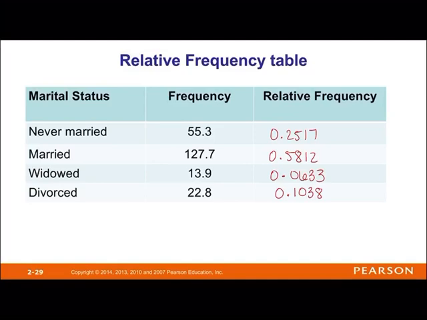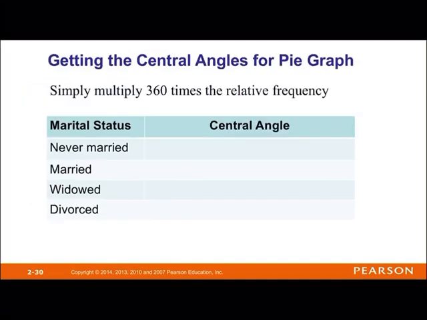Now what we want to do is figure out the size of our central angles for that pie graph. How are we going to do that? All you're going to do is take those numbers that we just wrote on the last slide and multiply them by 360. Next to never married was 0.2517.